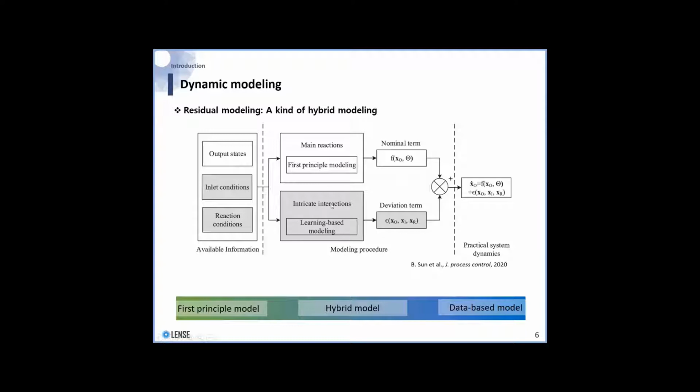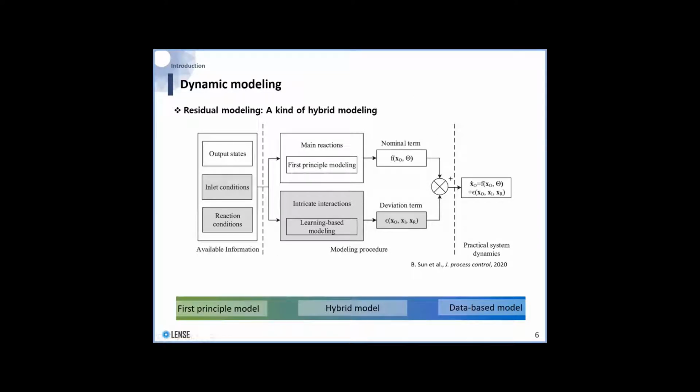So then you may want to use the data and build in the residual. So you have a model for the residual essentially, which will supplement the prediction from the first principles. That's an example of hybrid modeling, but there are many different forms of hybrid model.